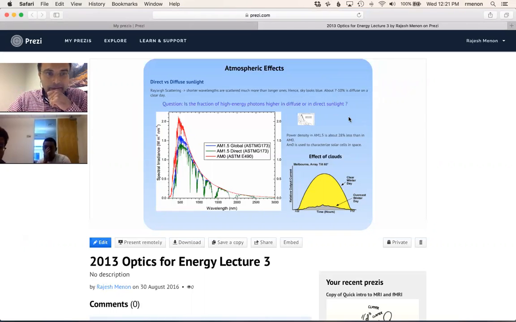You can think about this for half a minute or so. Which one has a higher fraction of high energy photons? So essentially, which one has higher power density, assuming everything else being the same? Is it the diffuse or the direct?